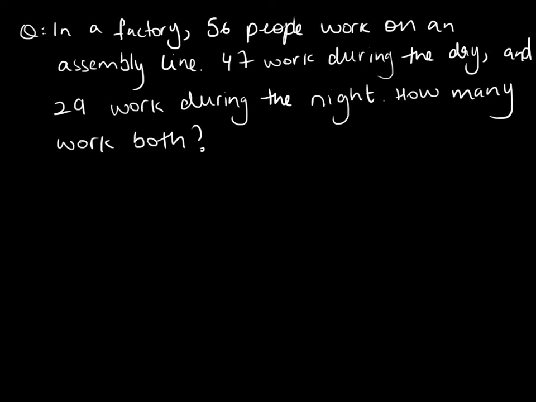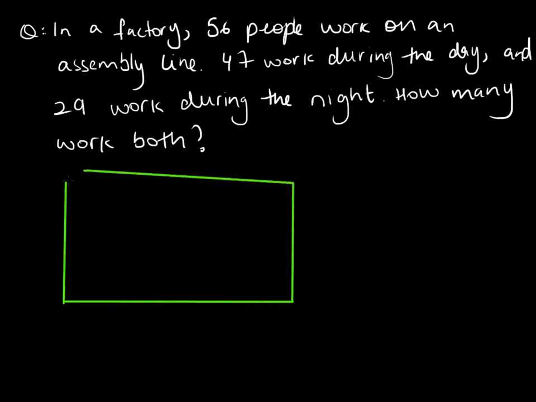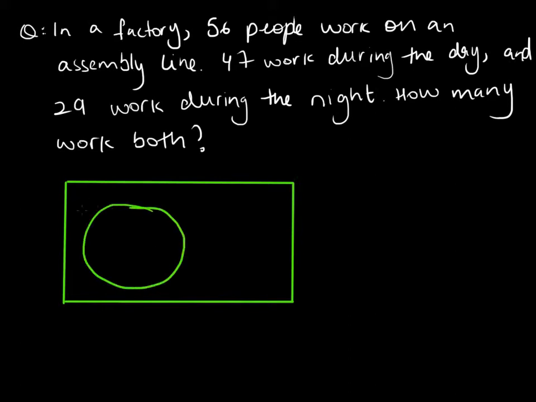Well, our first approach to a question like this would be to draw out a Venn diagram. So here we have the universal set, which will consist of two circles that will represent workers during the day and workers during the night. So here we have a set for the workers during the day, and we have a set for workers during the night.